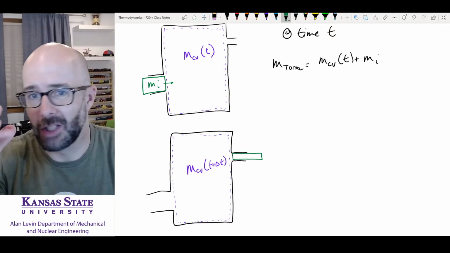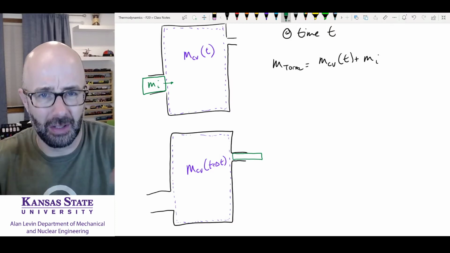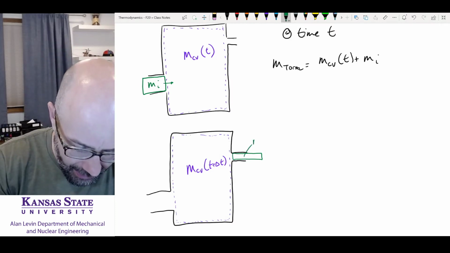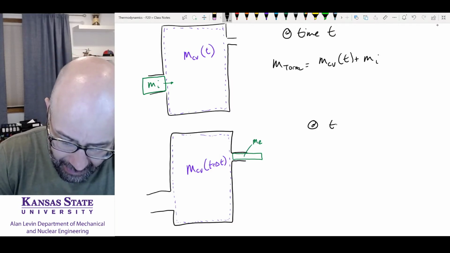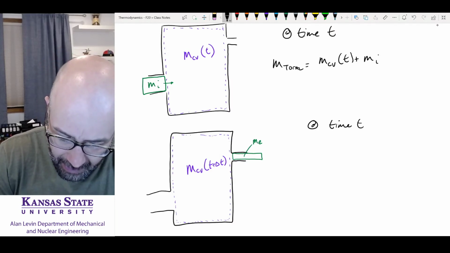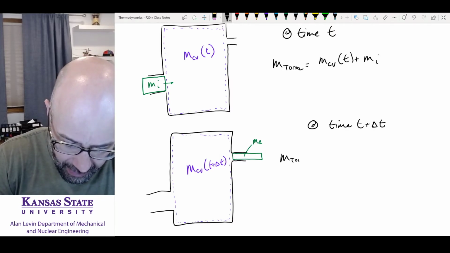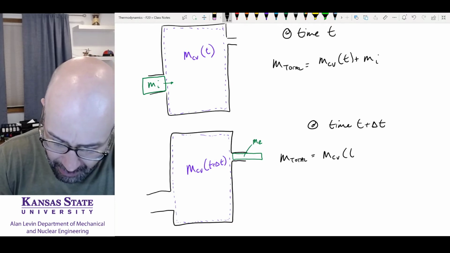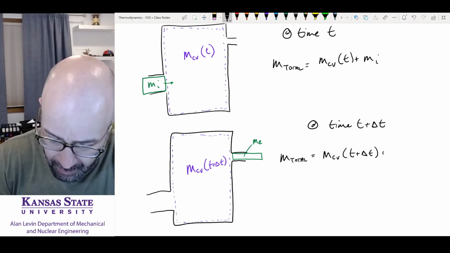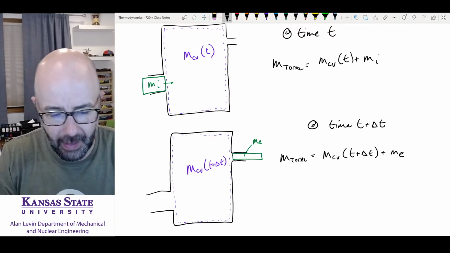Now it happens to be a little bit smaller diameter, so it's going to look a little bit longer, but this is my mass exiting. Okay, so I can say at time t plus delta t, my total mass, now it looks a little different, but it's the same amount, is the mass of the control volume at time t plus delta t, plus my mass exiting. That's what's happening.